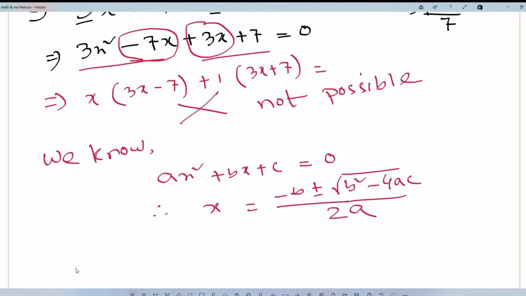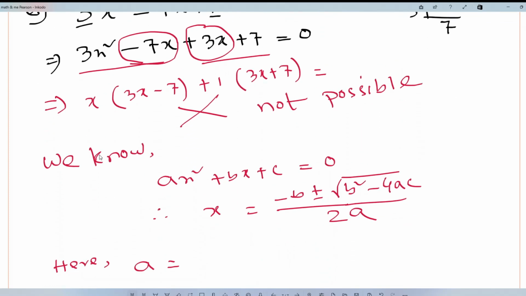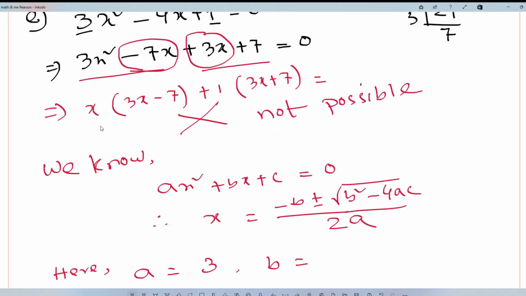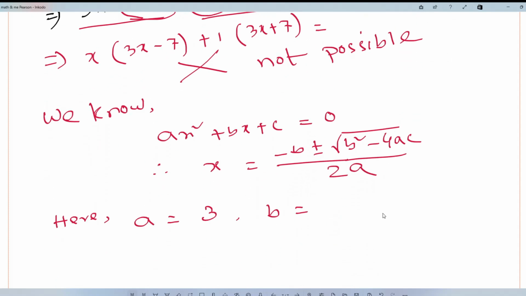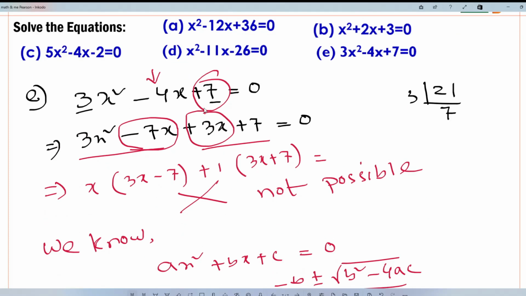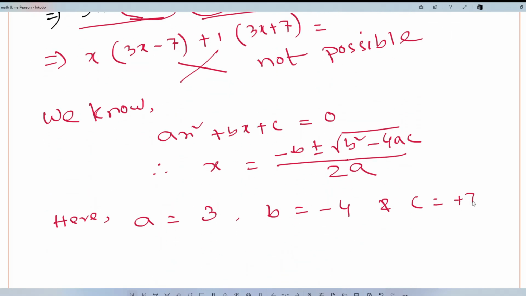So here a means 3, b means minus 4, and c is plus 7.